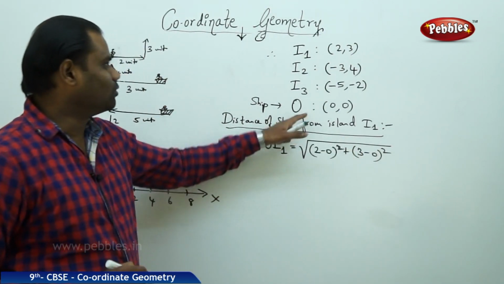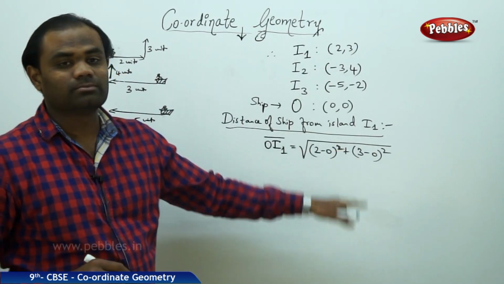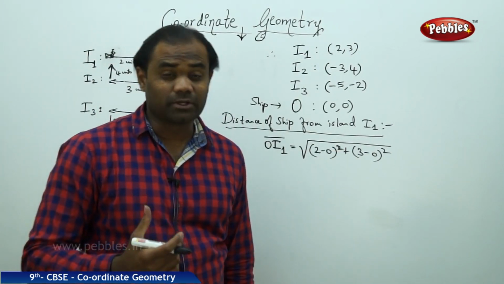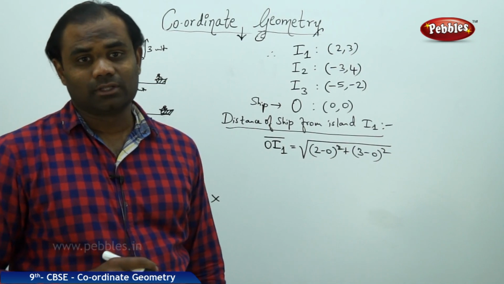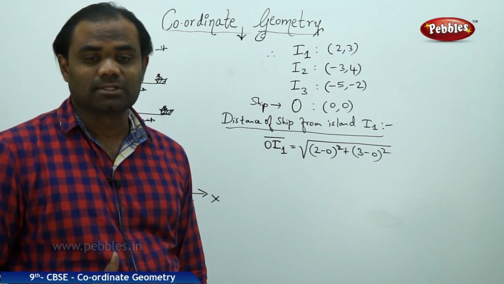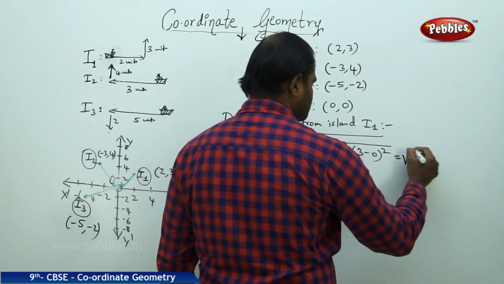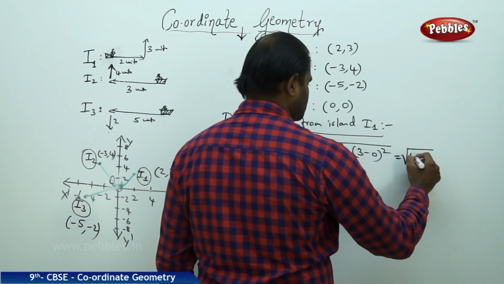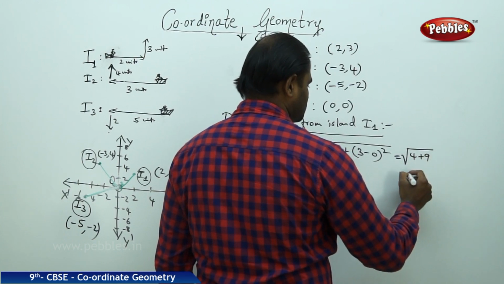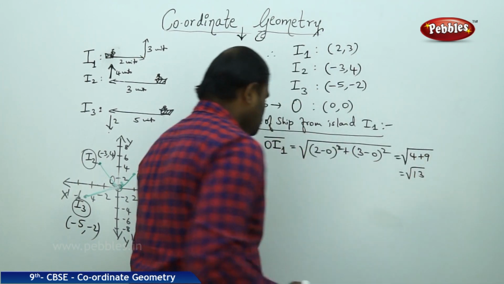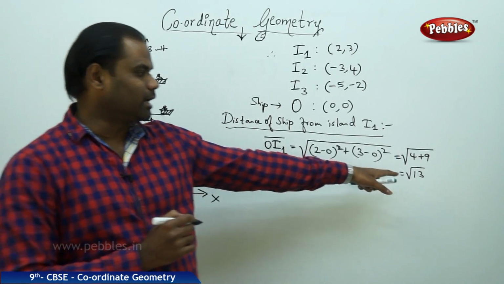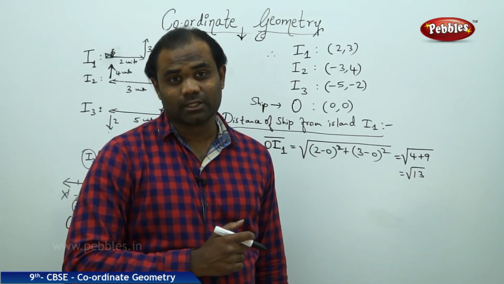So the distance of O from I1 is root of x2 minus x1 whole square plus y2 minus y1 whole square, the formula for distance between 2 points. So the distance of O from island I1 is root 13 units.